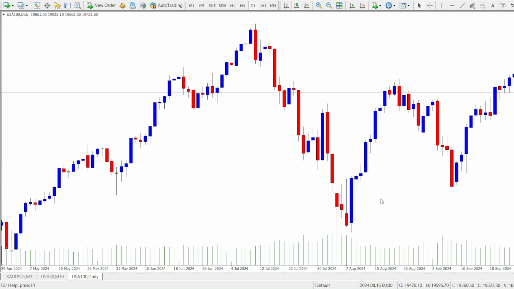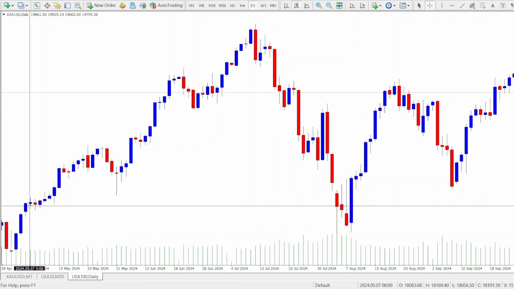The doji candlestick has a small body and long shadows, or long wicks. For example, we can quickly identify different doji candlesticks on this chart.